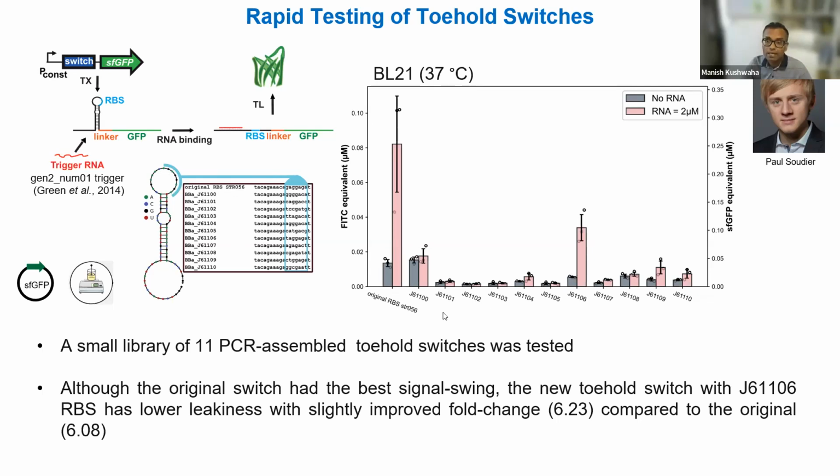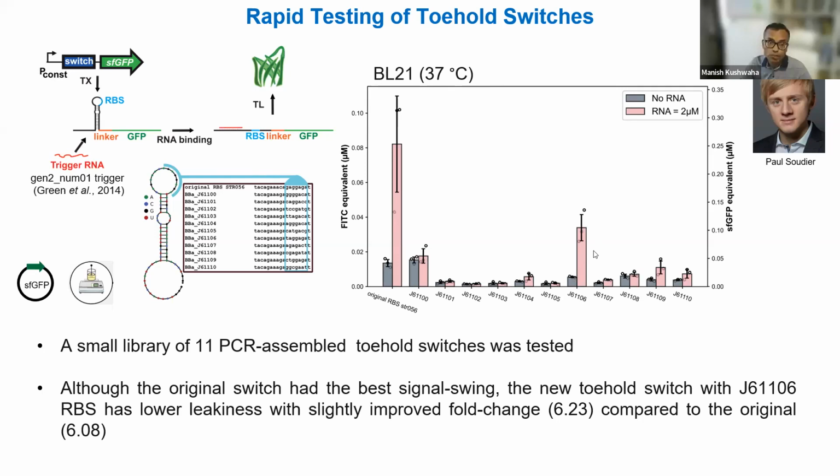So in this case, we found that although the best fold change was truly the original published riboswitch, the toehold switch gave us that best fold change. In fact, our variant J61106 version of the RBS gave us lower background expression, and in fact had a slightly higher fold change, although its dynamic range is lower.